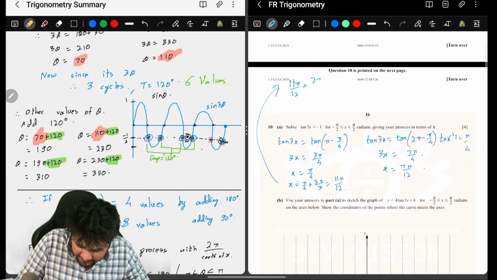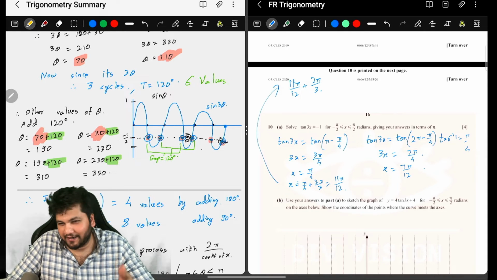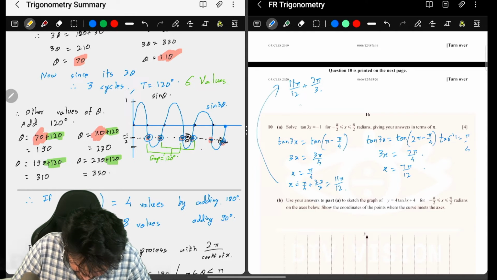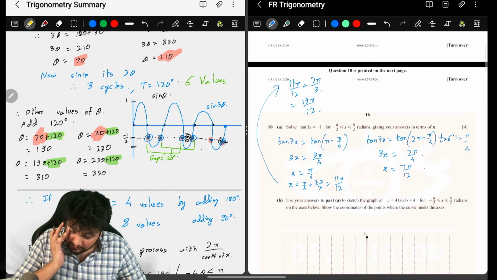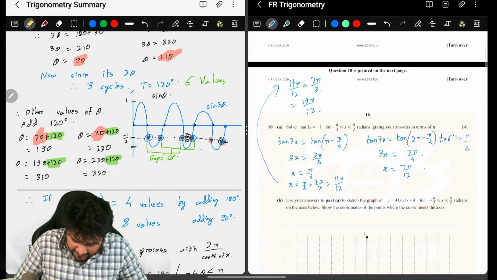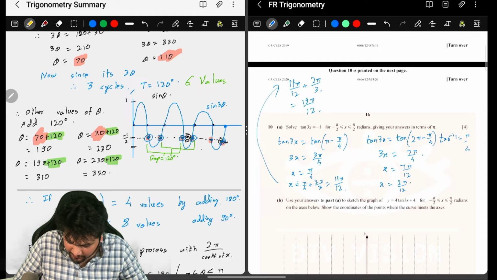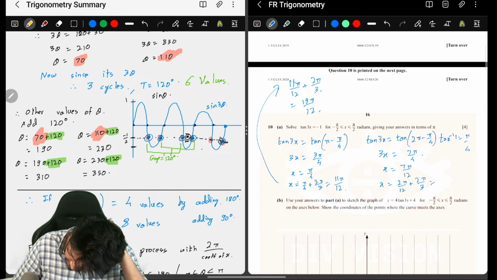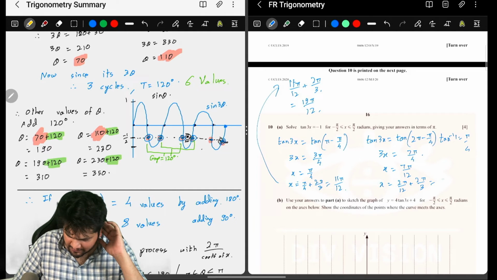Again we are going to add 2 pi by 3 to this point. For radians, it actually becomes difficult. So it's going to be 4, 8, 19, so it's going to be 19 pi by 12. I hope my calculations are correct. Yeah, 19 pi by 12. Again, here also we are going to keep on adding 2 pi by 3 to this value. So another value would be 2 pi by 12 plus 2 pi by 3, which will give me, one sec, 10 pi by 12 I'm getting.